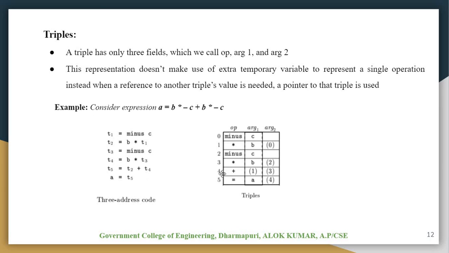After that, t2 and t4: t2 we have already found at locations 1 and 3, and plus is the operator. After that, for t5 we use the assignment operator, and in this we keep a and t5. So t5 is this reference 4. In this manner we can write triples.